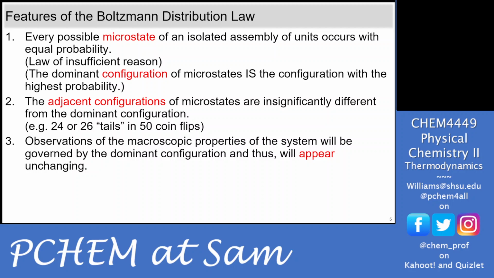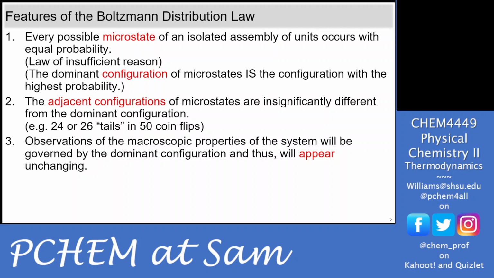Now, observations of the macroscopic properties of the system will be governed by this dominant configuration. The dominant configuration will be 50-50, or 25 heads, 25 tails, and that would appear to be unchanging when you're sampling it. So you take a chemical measurement, and it's like you flipped the coins 50 times and got another measurement.